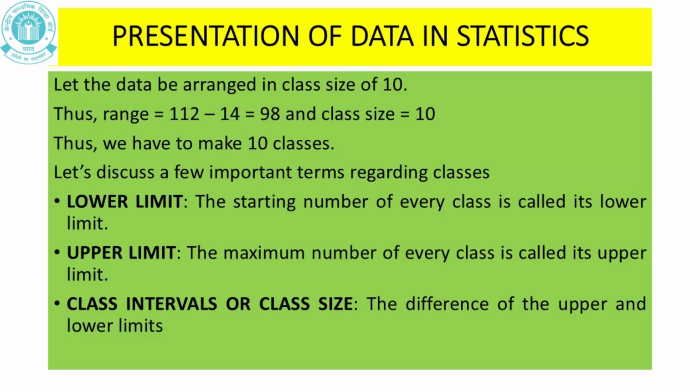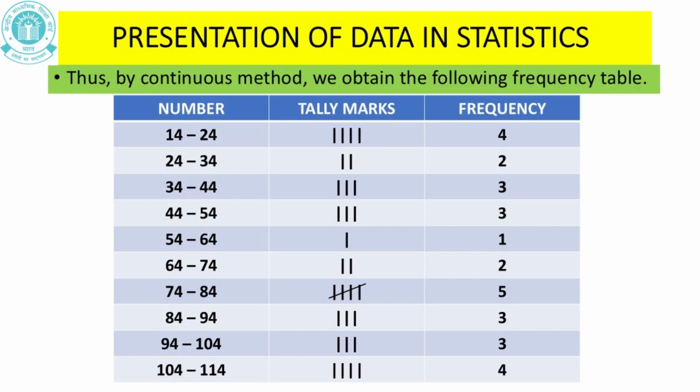Class interval or class size. The difference of upper and lower limits. Thus, by continuous method, we obtain the following frequency table. As we can see, we have the intervals from 14 to 24, then 24 to 34, 34 to 44, and so on.